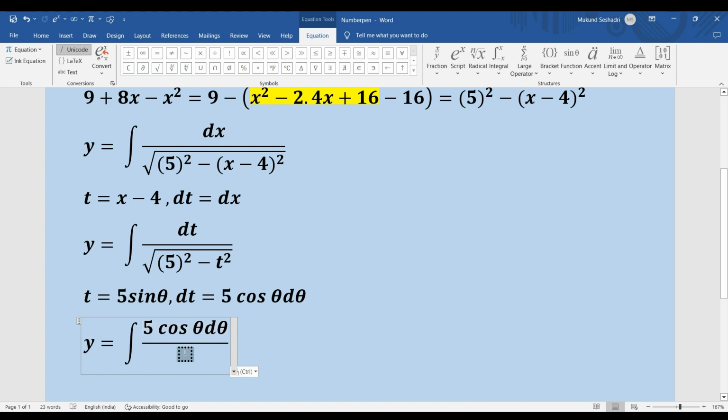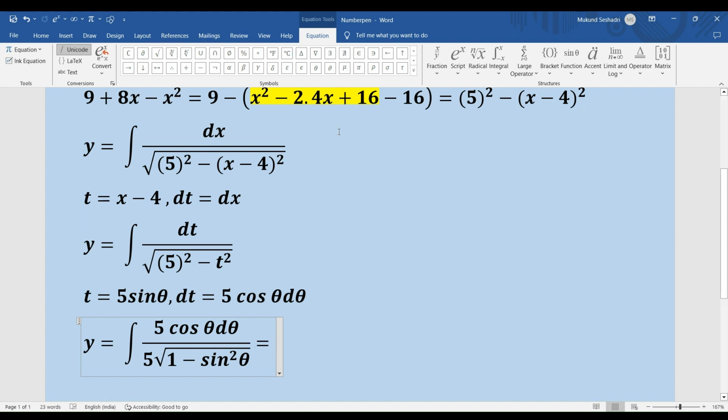What happens is I can remove my 5 out of the square root, because square root of 5 square is nothing but a 5. And then what I'll be left with is a square root of 1 minus sine square theta, which is nothing but a cos square theta. So let's write that. Now we know that 1 minus sine square theta is nothing but a cos square theta.